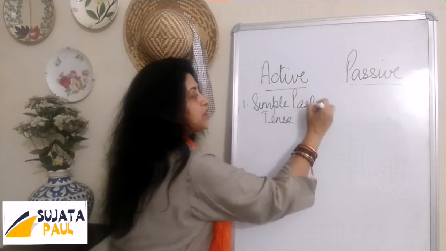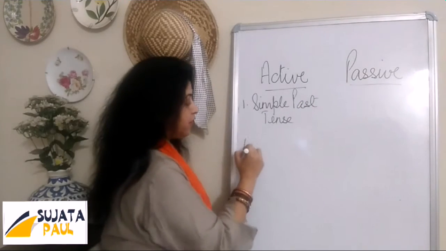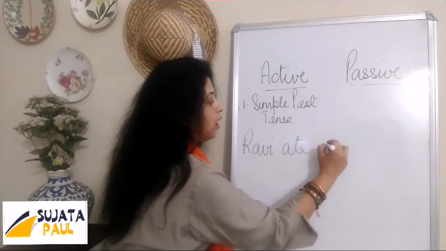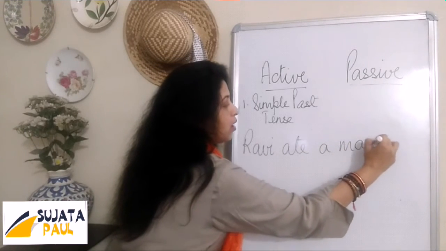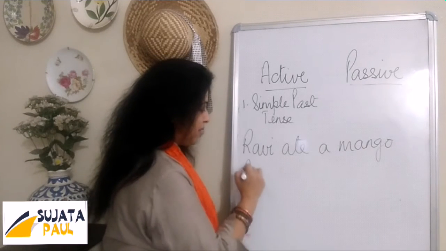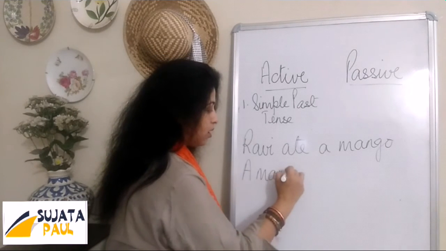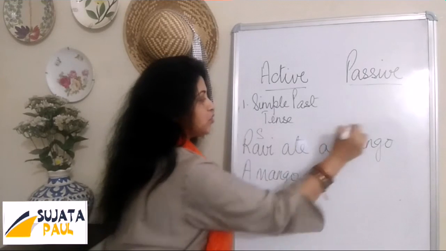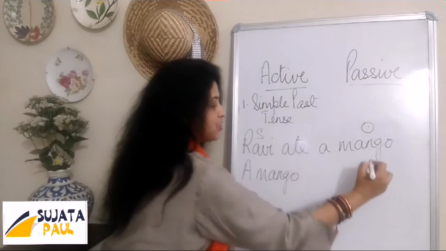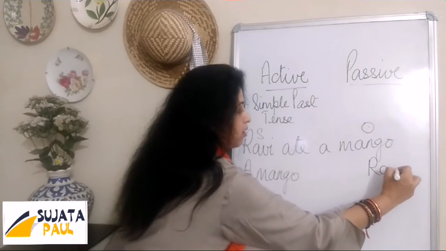Look how simple this is. Ravi ate a mango. A mango. This is the subject, this is the object. I bring the object here and I take the subject there.